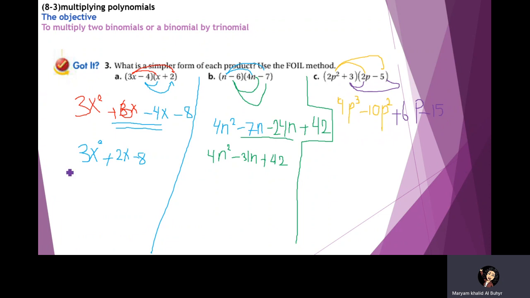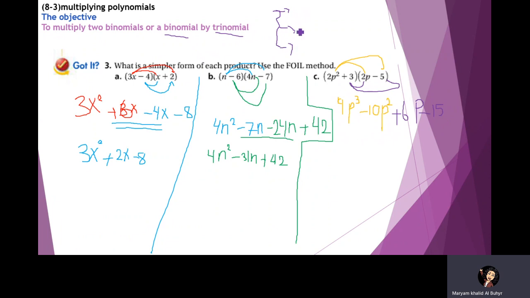Definitely now in this lesson, you learned the 3 ways to multiply binomials. Not only binomials, maybe trinomials, or we can say polynomials in general. This is the best way.